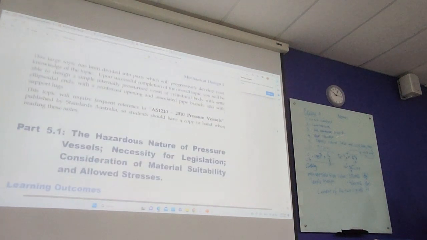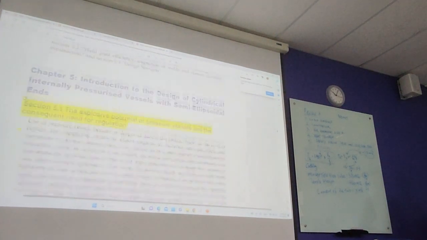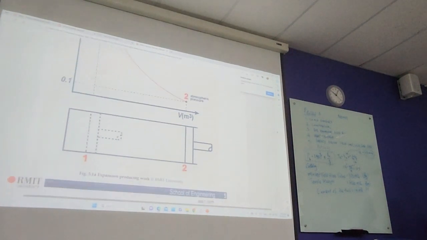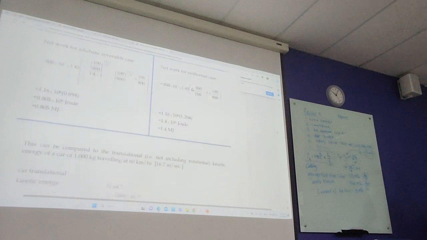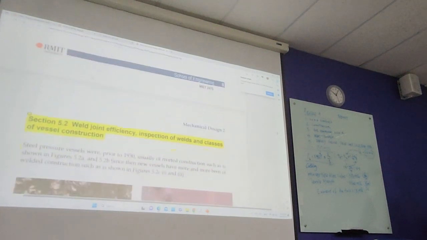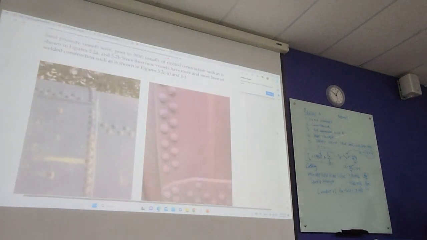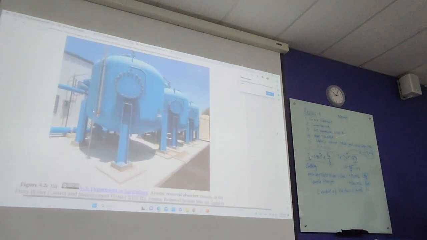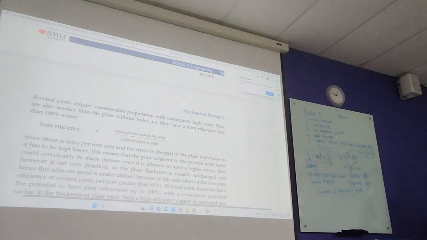I showed you just now this is welding. We talked about last time we used rivets. Rivets have a lot of disadvantages. A lot of incidents happen because the rivet wasn't selected correctly. Over time, it cannot stand the pressure. Joint efficiency, just now we know, is 0.85.